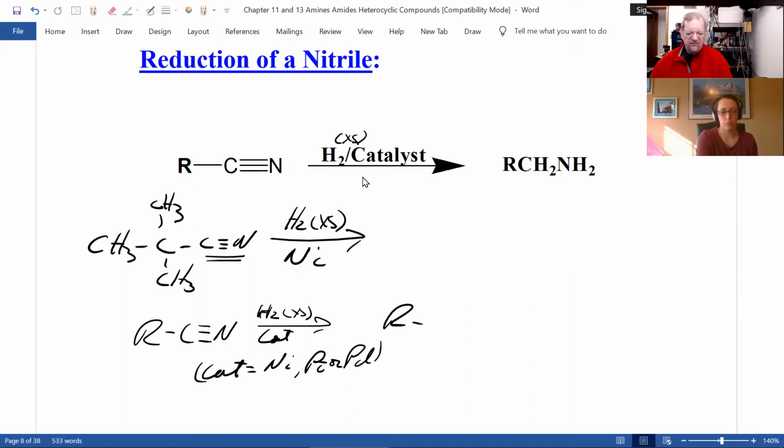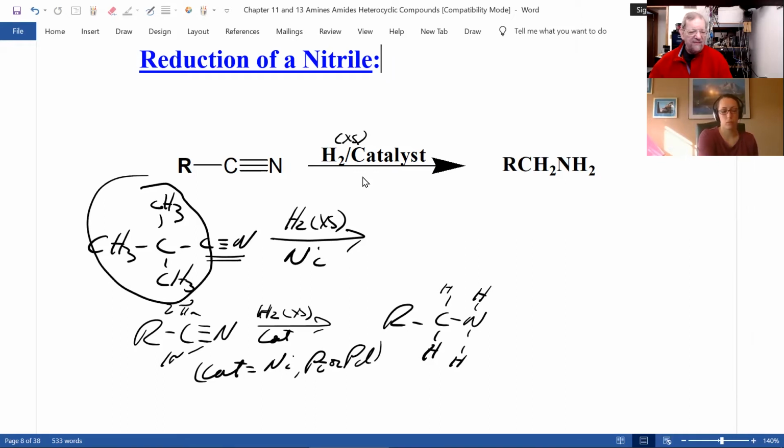And what happens is you break the 2 pi bonds. Remember, you have 2 pi bonds. It's like a carbon-carbon triple bond, 1 sigma. You don't break the sigma, you break the pi. Each atom of the triple bond gets not 1, but 2 hydrogens. And if I look at here, what's our t-butyl group, even though in the nomenclature it wouldn't be called that.